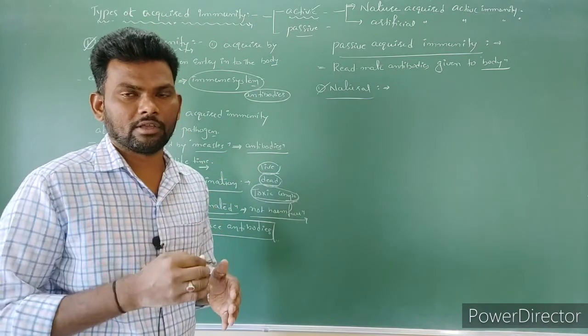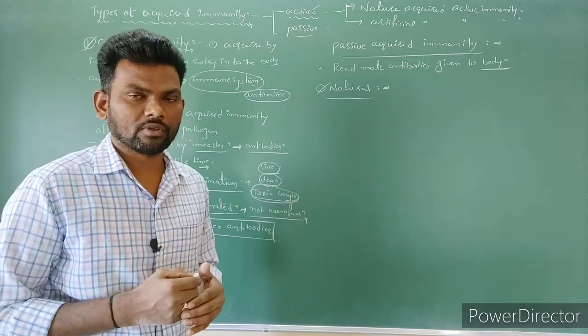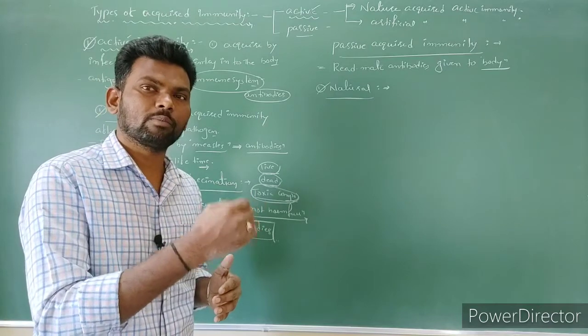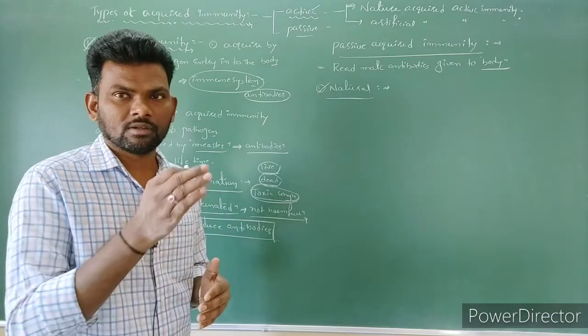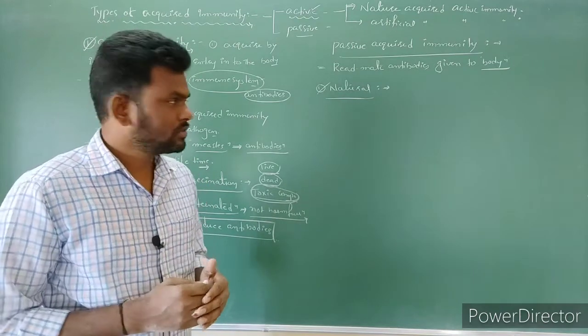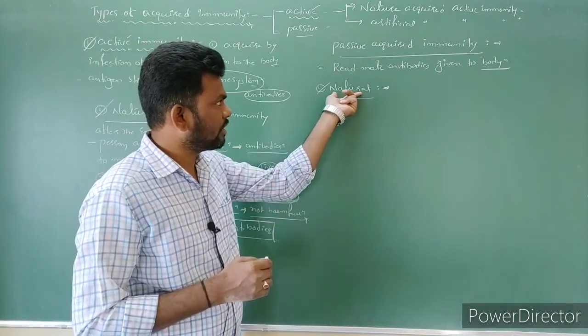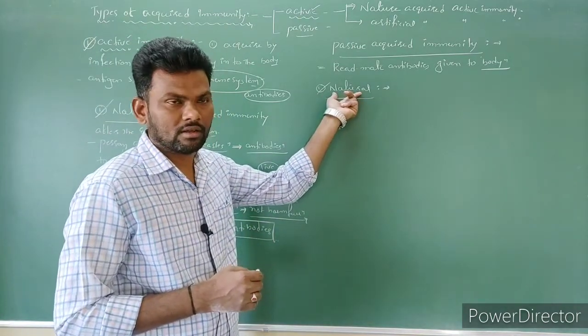For example, after the birth of the baby, for one or two years, some important IgA, a very important immunoglobulin, nothing but antibody, is again transferred from mother to baby through milk, that is colostrum. These two examples come under natural.